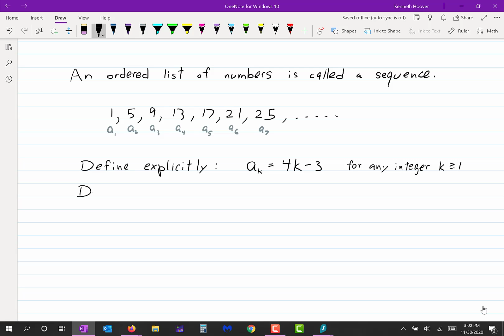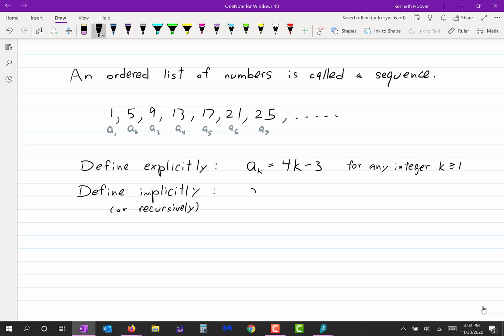Another way to define a sequence is called implicitly, or another word for that is recursively, which is this.